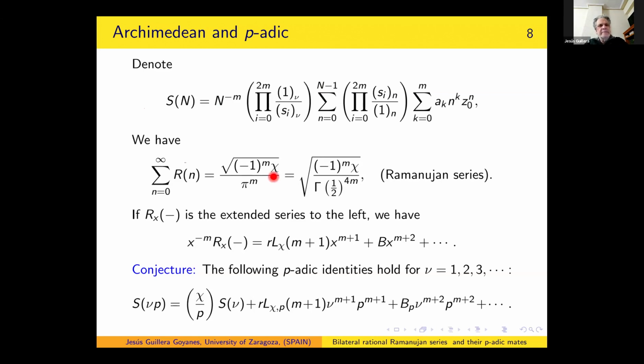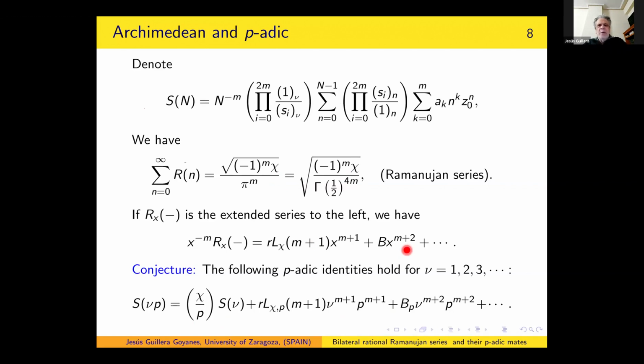And in this way, with this definition, we have, well, the Ramanujan series is given in this way. This is Archimedean. And the bilateral series to the left, the development is this. And we conjecture then that the p-adic analog of this, multiplied S of nu, and all this is the p-adic analog of this.